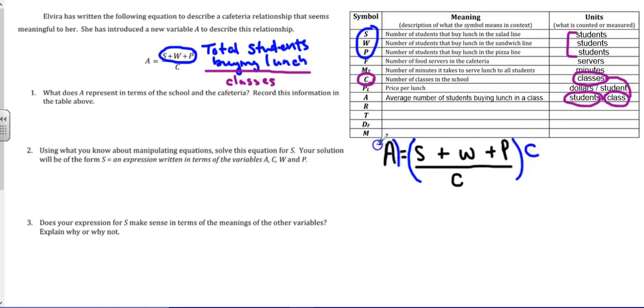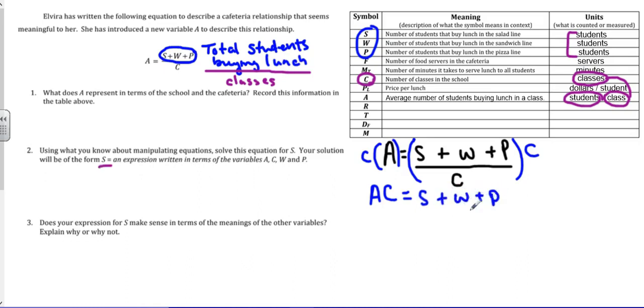I'm using multiplication because that's the opposite of division, and it's called a property of equality because I can multiply by the same value on both sides of an equation, and it does not change the balance of the equation. So over here on the left, when I multiply C times A, I have CA or AC. That order doesn't matter, whichever way I write it. And then I'm going to bring down what's left on the right, so I have S plus W plus P.